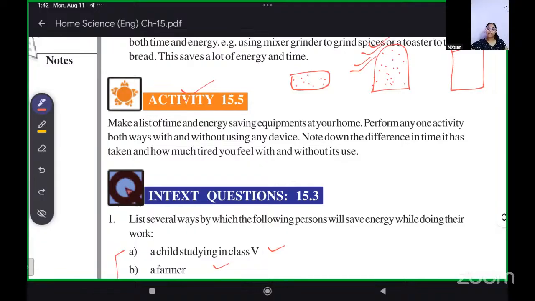Even if you remember something you did without a device and something that you usually do with a device, what was the difference if you can remember? Or if you don't, then do it, and then tell me. Write it down and then share that. So these two questions are the homework, and the rest of the questions will be done later.